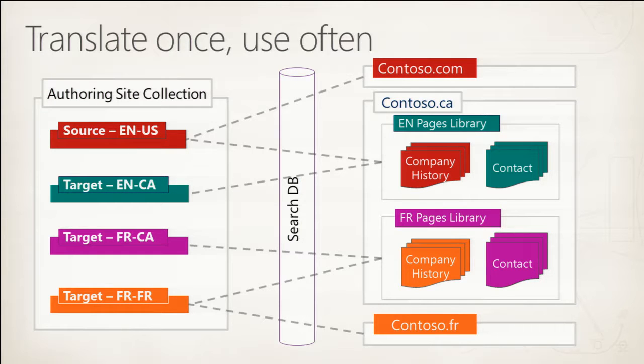Oftentimes, a lot of sites will have a bar at the top that says, if I ended up on Hungarian and I don't actually speak Hungarian, how do I get to the French site? In this case, we've added a code sample that uses some variations OM that you can call and say, for any page, give me that page's peer in the relationships list. So that's something that's available to you. It's not a control that we ship out of the box, but because we know people want to style it themselves, we have OM so you can build that control.